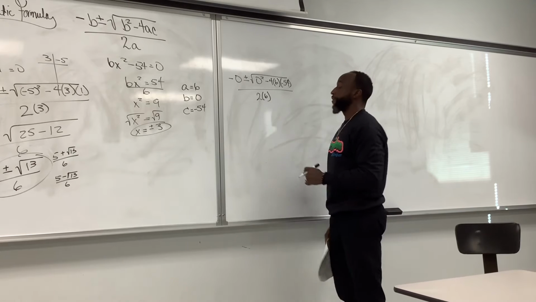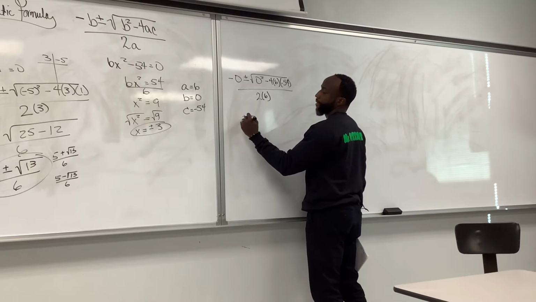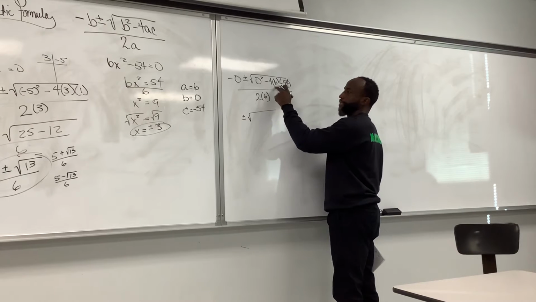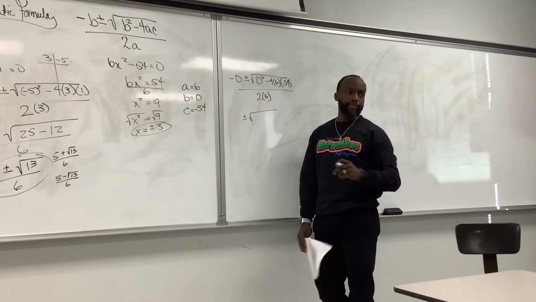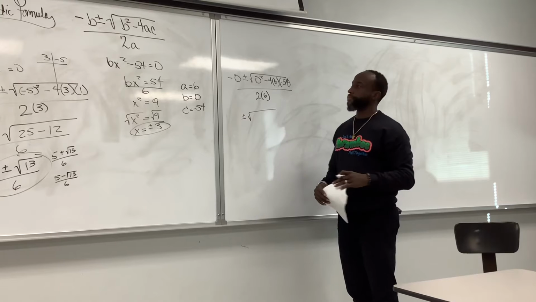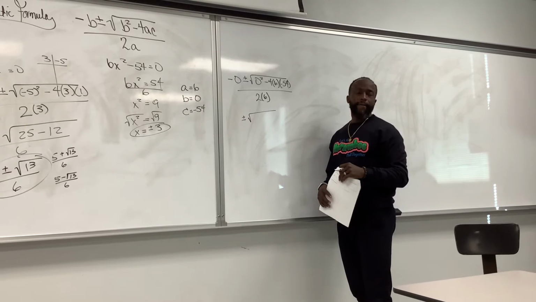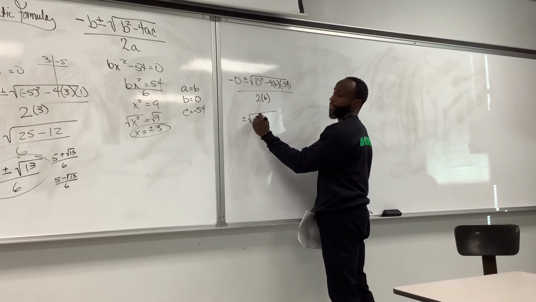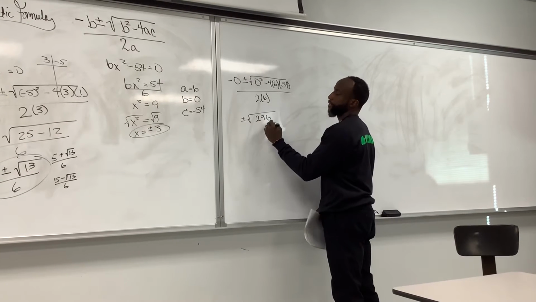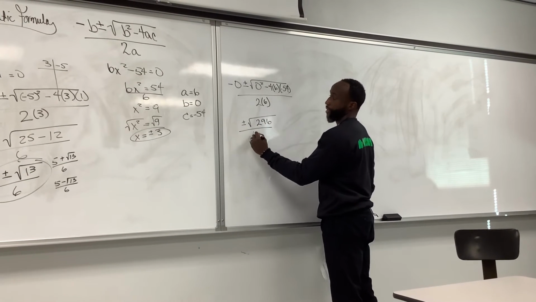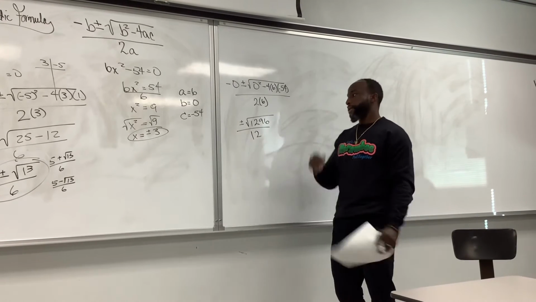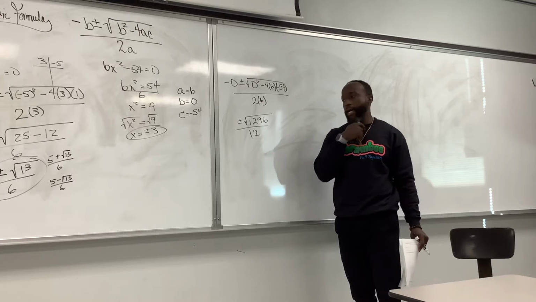If we do the math, we get plus or minus the square root of 4 times 6, which is 24, times 54. 24 times 54 is 1296.